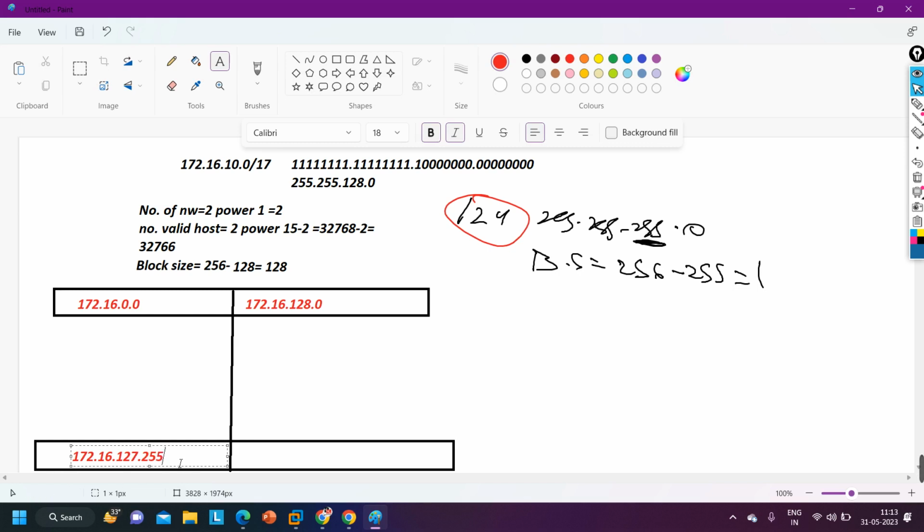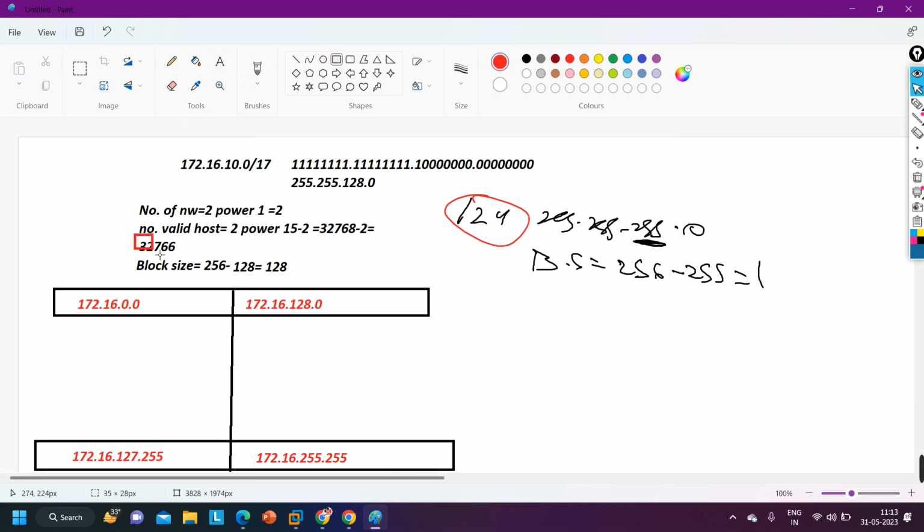If you add 1 here first, it will become 128.0. Yes or no? And what will be the last IP address of the second network? 172.16.255.255. In each network you can calculate the number of valid IP addresses we are getting.